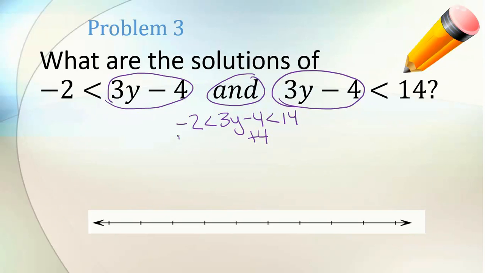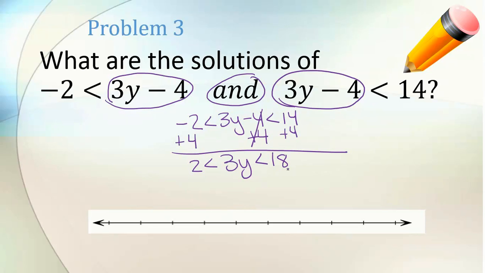Let's add 4 to both sides of my inequality there. Cancels out in the middle. And we're left with 2 is less than 3y, which is less than 18. Let's divide by 3. 2 divided by 3 is 0.6 repeating.